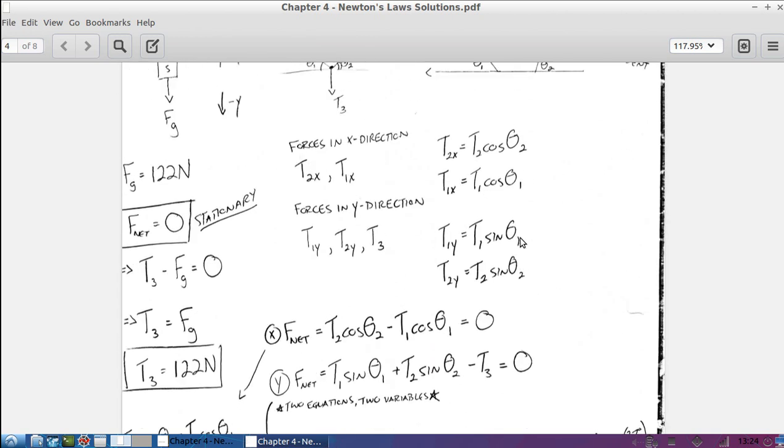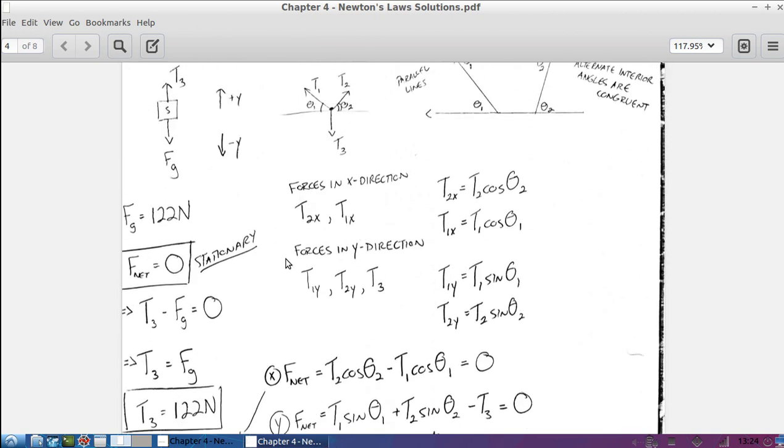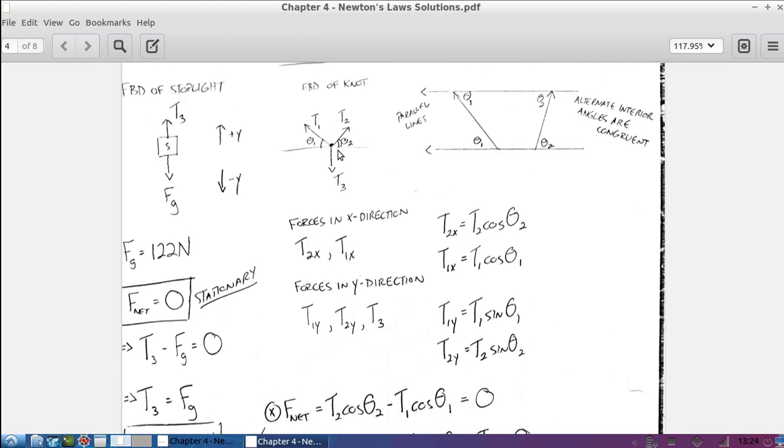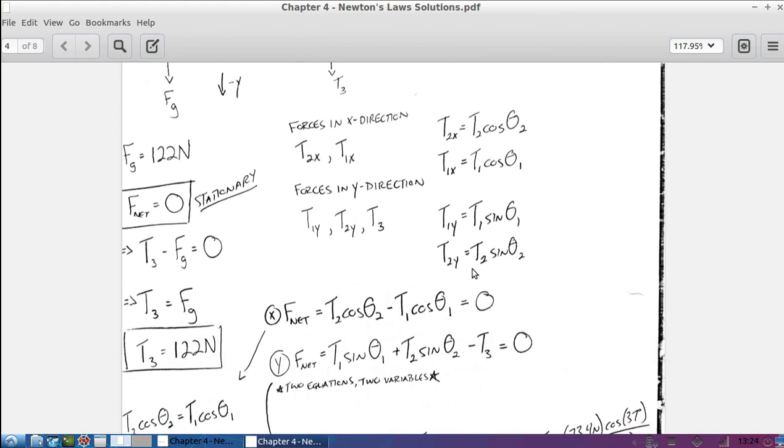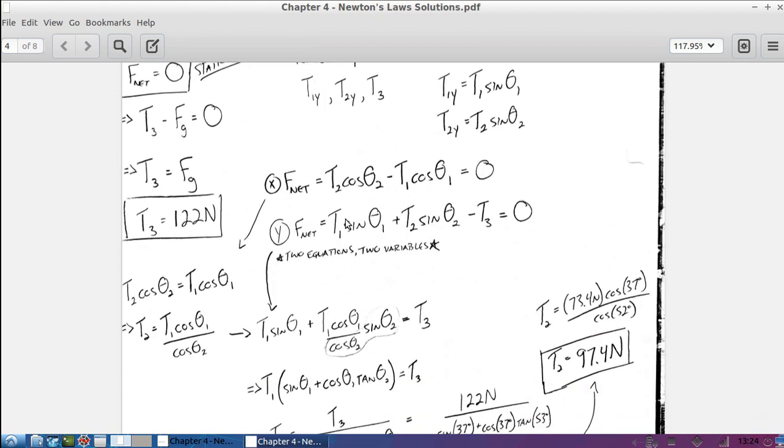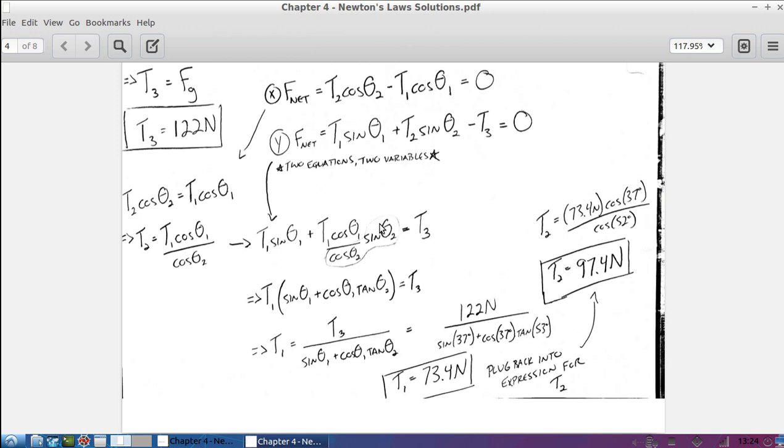Alright, recap: Newton's second law in two directions, right, two dimensions. Write Newton's second law in the x, write Newton's second law in the y. If there are any vectors acting in the x and the y direction, make sure you resolve them first before you substitute them in your Newton's second law equation. And if you don't have enough information to solve one equation for a variable, use this system approach, do the substitution.